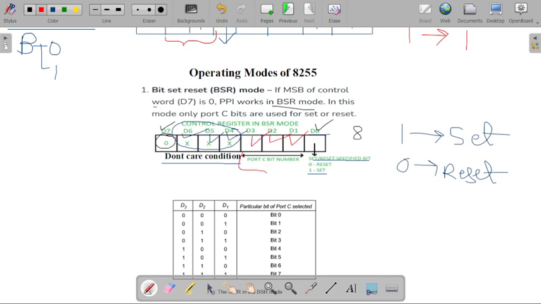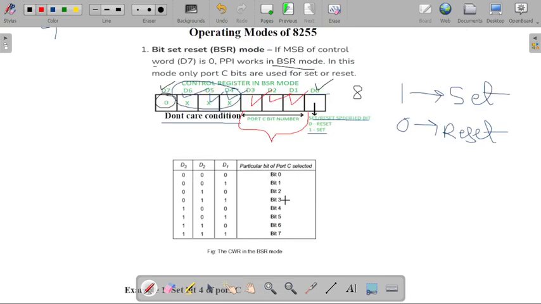Now the remaining 3 bits are D1, D2 and D3. These indicate the port C architecture, and these 3 bits give the port C bit number. There are a total of 8 bits available in the port C structure. This is also called the control word format of our BSR mode, given for port C selection.